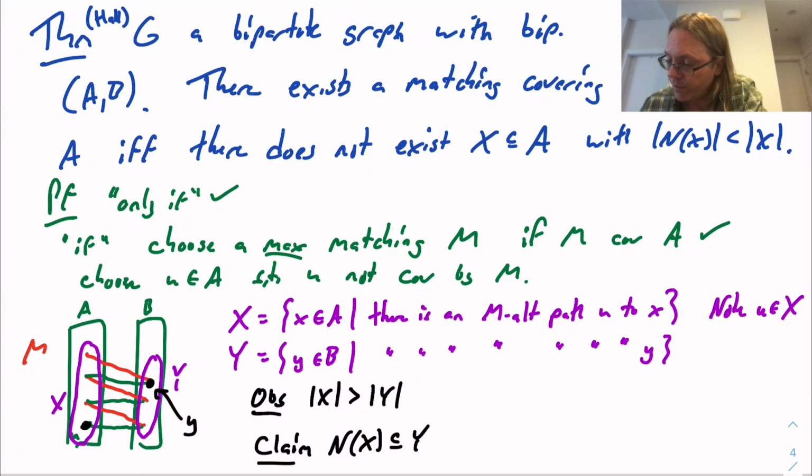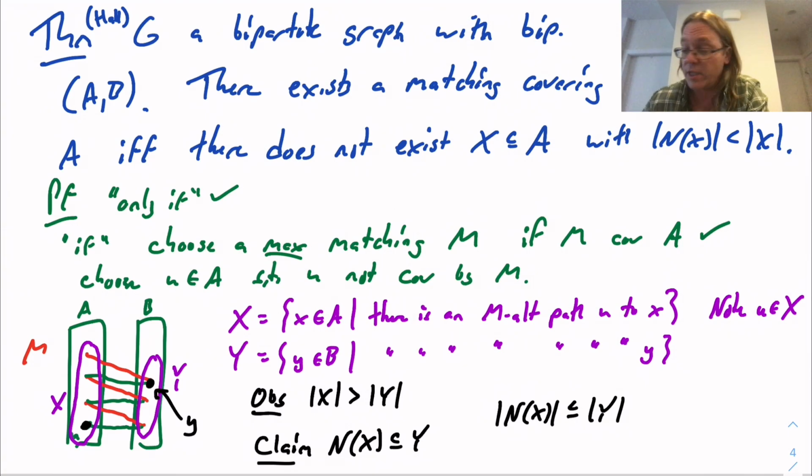The claim tells me that the size of the neighbor set of X is less than or equal to the size of Y, because the neighbor set of X is just a subset of Y. The observation tells me the size of Y is strictly less than the size of X. And that's shown that if we have a bipartite graph that does not have a matching covering A, then there must exist a subset X of A with the property that the size of the neighbor set of X is strictly smaller than the size of X. This is this obvious obstruction, and that completes the proof of Hall's theorem, and that'll complete it for this lesson.